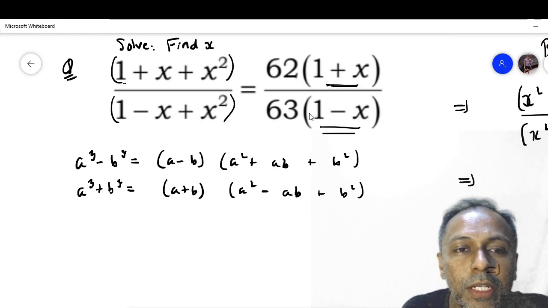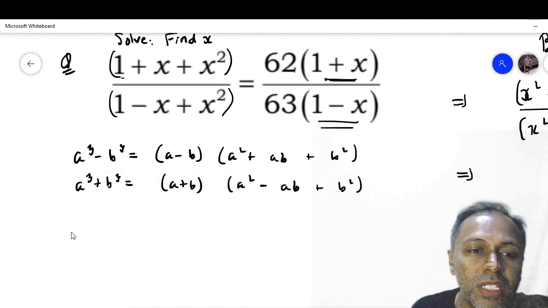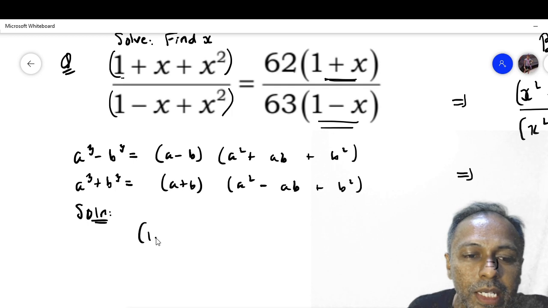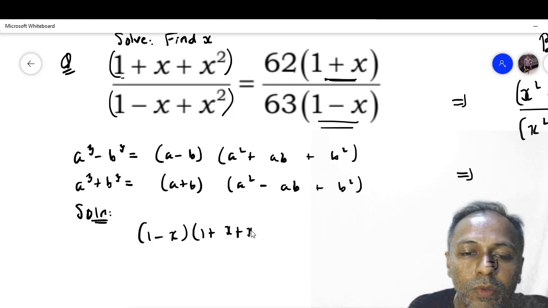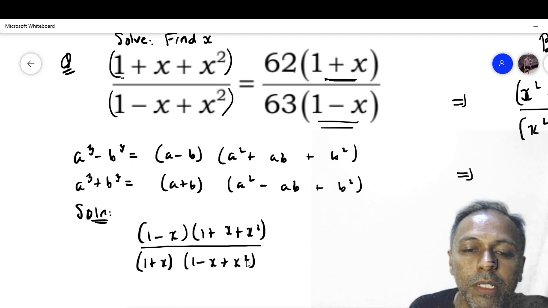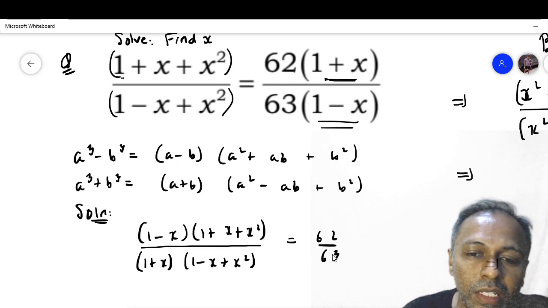So instead of directly applying componendo and dividendo, it is very important that you first rearrange the question terms. The first step in our solution will be 1 minus x into 1 plus x square upon, we can bring that 1 plus x here, into 1 minus x plus x square is equal to 62 upon 63.